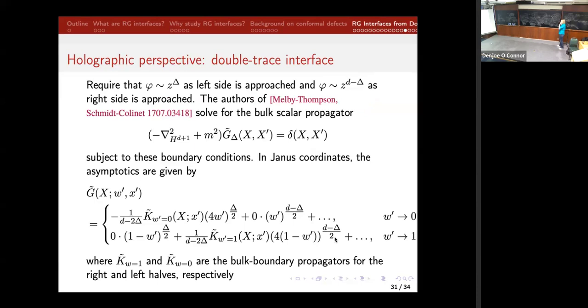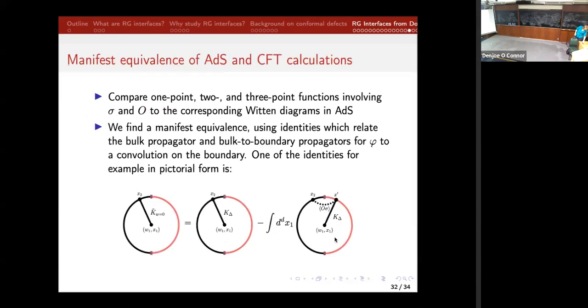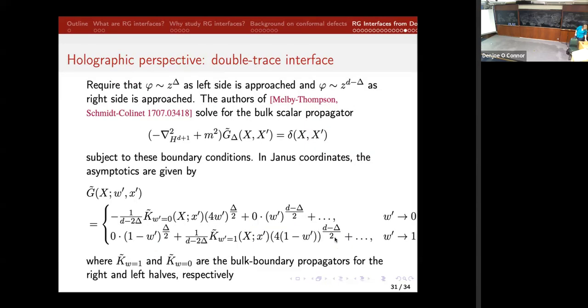So it has to solve this equation for a scalar in the bulk with these asymptotics, and what they do in the paper is reduce this problem to solving for K tilde. I haven't written what they actually found for it, but their final result was for this K tilde to be 2F1.